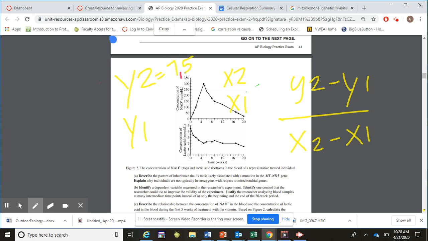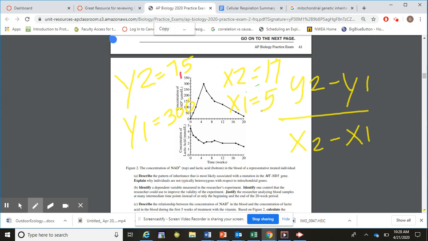Our y1 is wherever the y value is at 5. So that's approximately 300. Our x2 was the value at 17. And then our x1 is our 5.